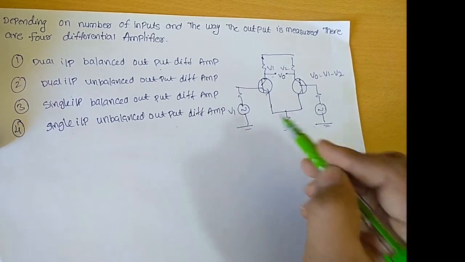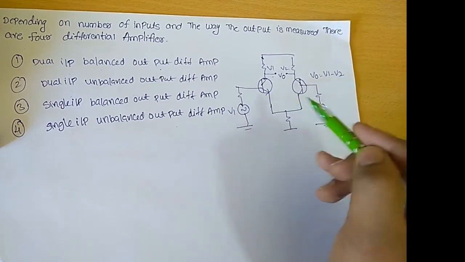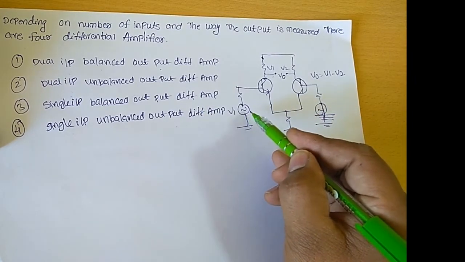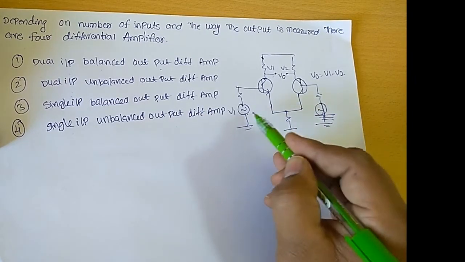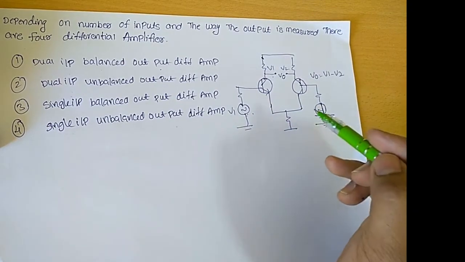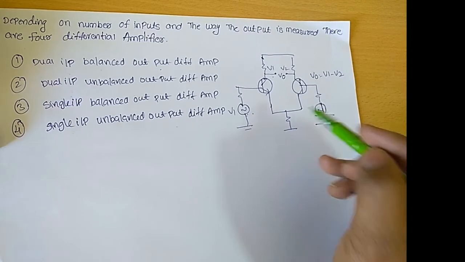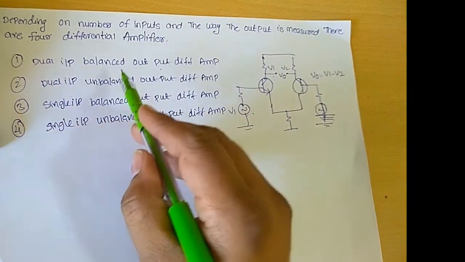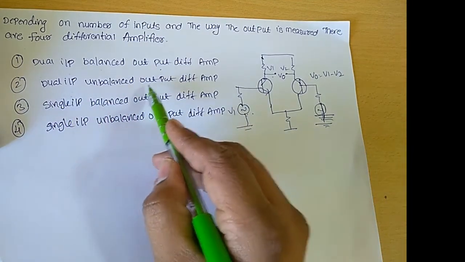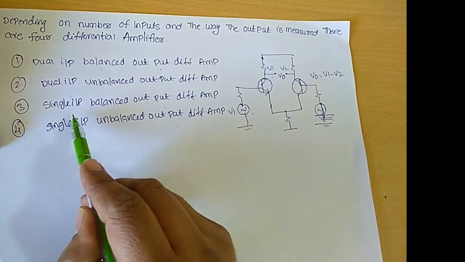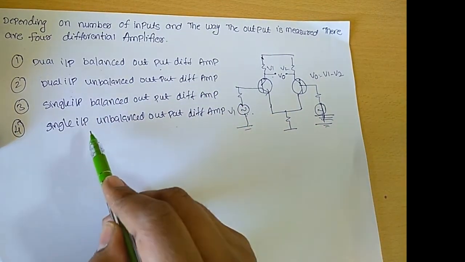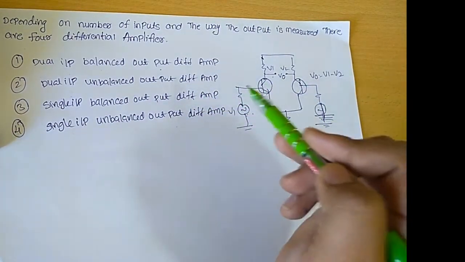For example, if we apply a single supply voltage and the other terminal is grounded, this is called single input. With respect to these combinations, we configure the differential amplifier into 4 types: dual input balanced output, dual input unbalanced output, single input balanced output, and single input unbalanced output differential amplifier.